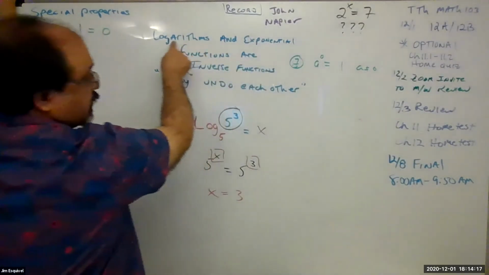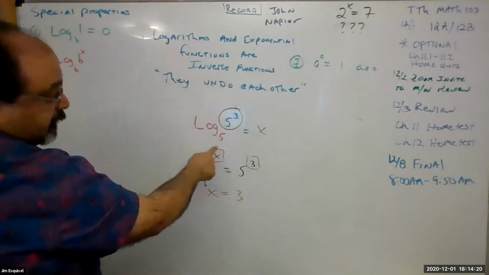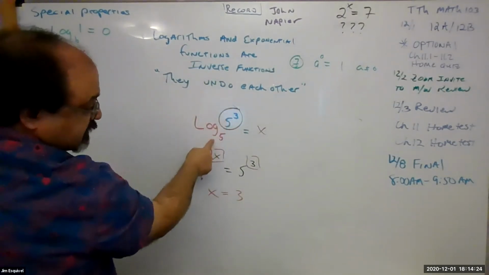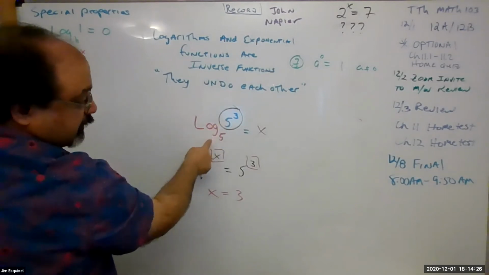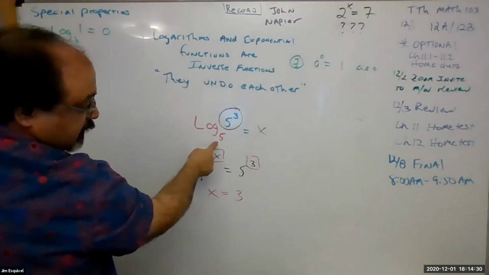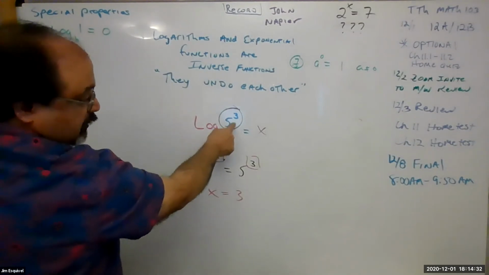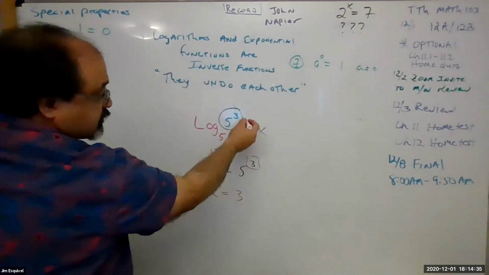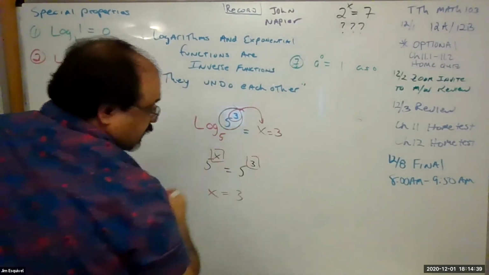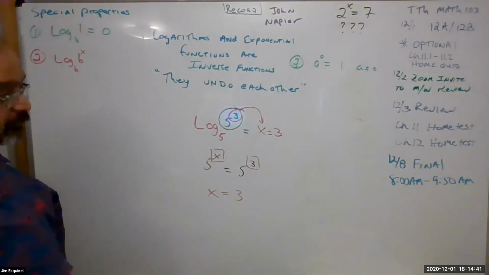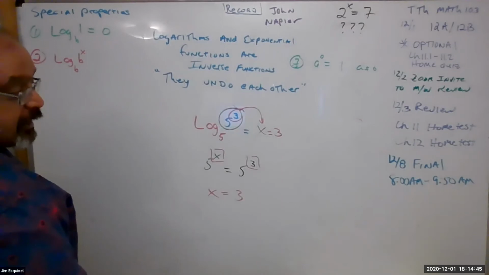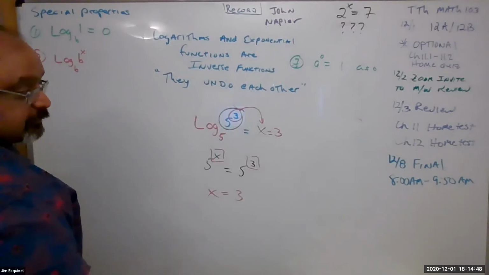Exponential functions and logarithms, if the bases are the same, are going to undo each other. This log base 5 is going to undo this exponent base 5. So guess who's coming out? The 3. That's its job. It's going to undo that base, and we're going to get a 3.